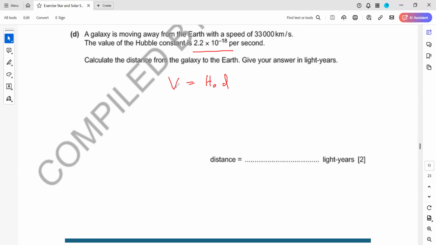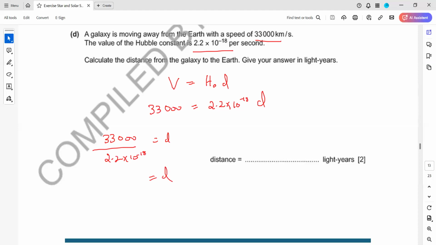So the speed of the galaxy is 33,000 kilometers per second. The Hubble constant is 2.2 times 10 to the power minus 18, and d is the distance. This goes in division: 33,000 divided by 2.2 times 10 to the power minus 18.